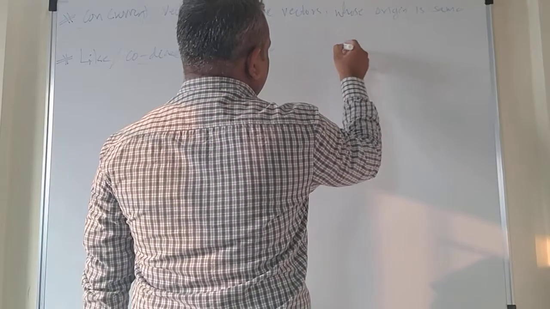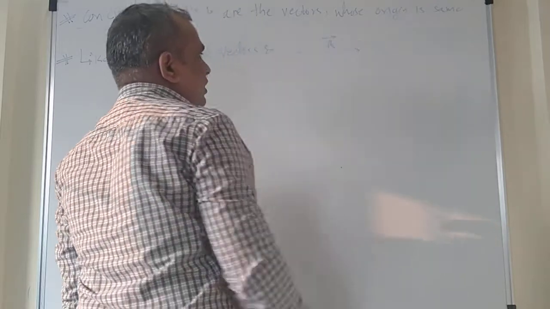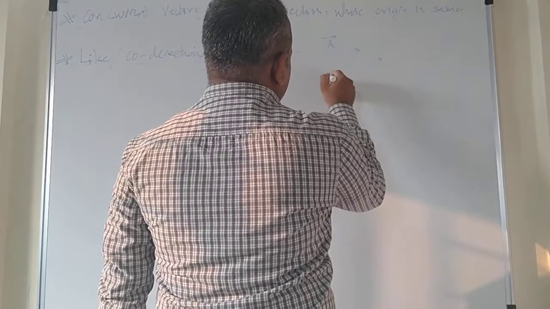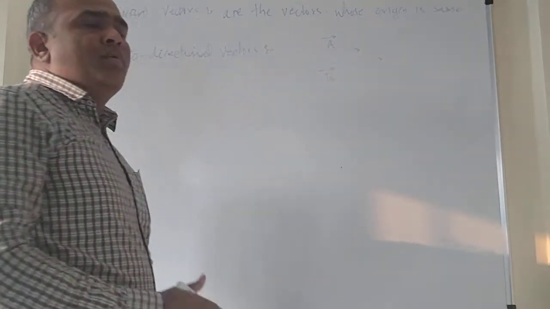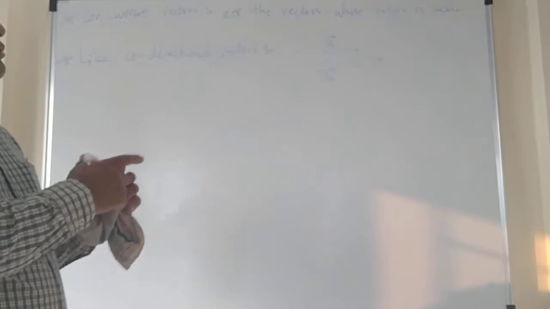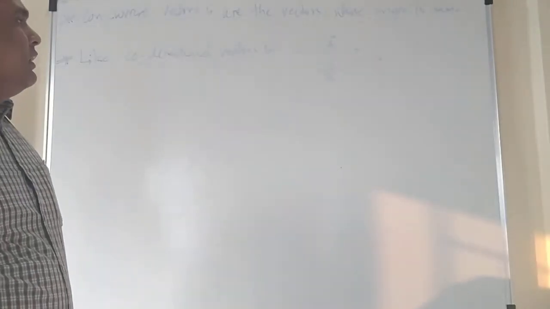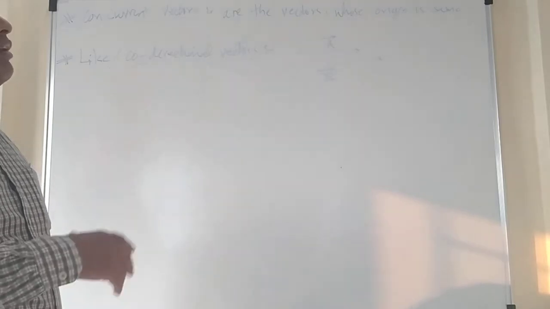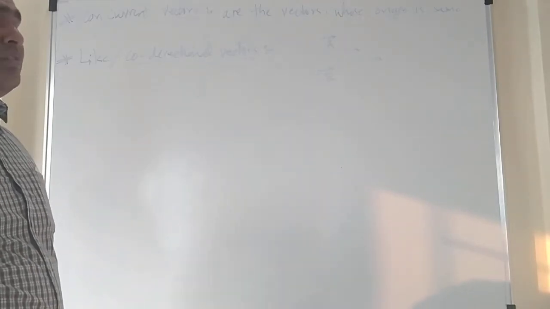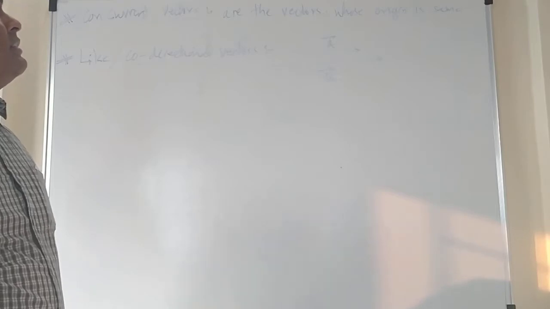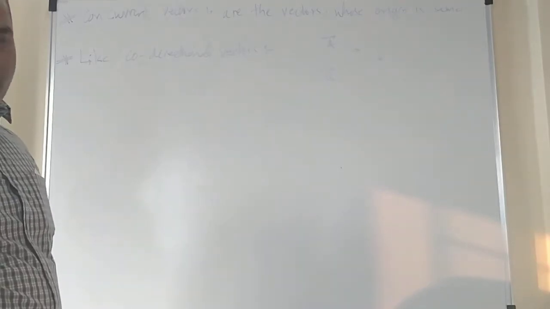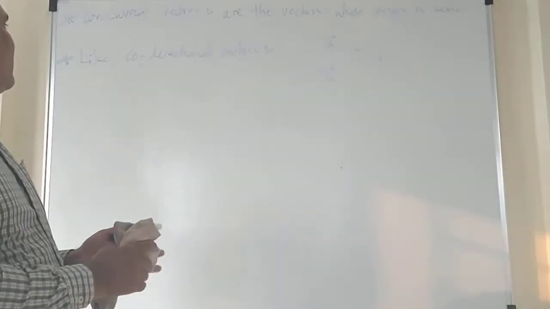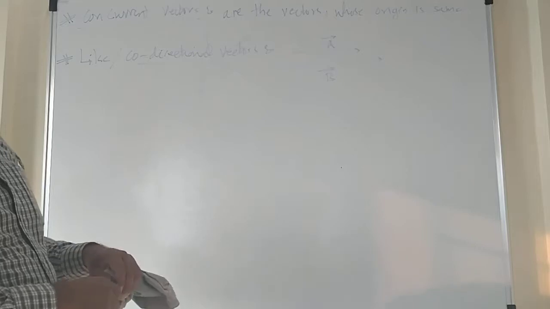Suppose this is one vector A bar which is moving along the positive x-axis, and there is one more vector B bar. Both are moving along the same direction, but their magnitude is different. So the important condition is that like vectors are the vectors which are moving along the same direction, or whose direction is the same, but the magnitude does not matter. Magnitude may not be the same. Those are called like vectors or co-directional vectors.